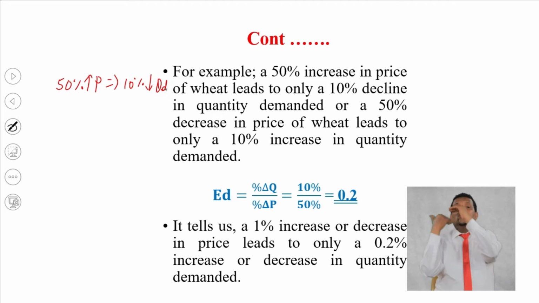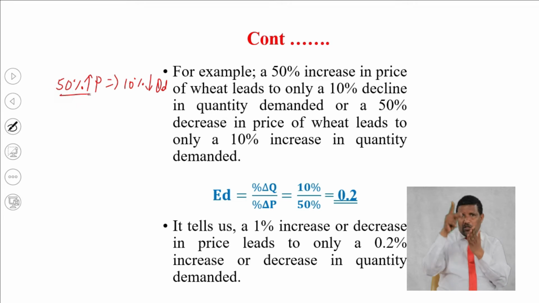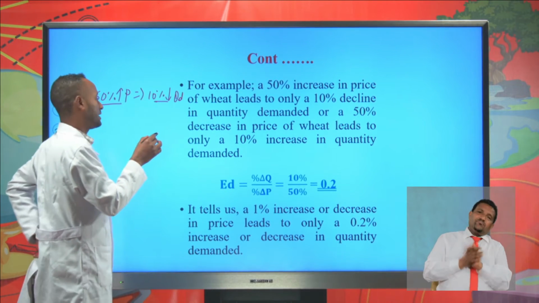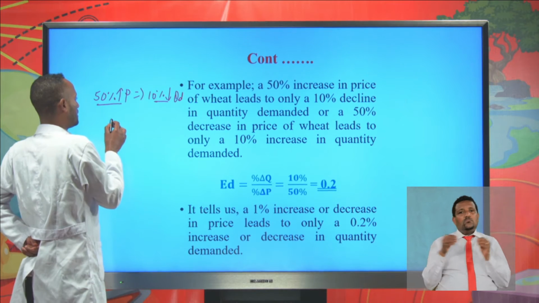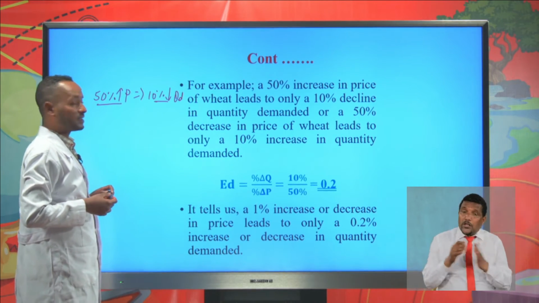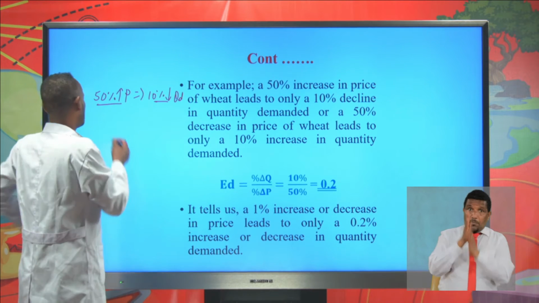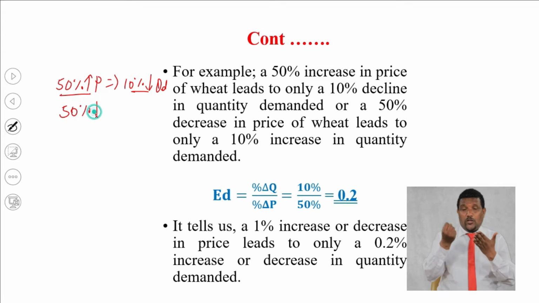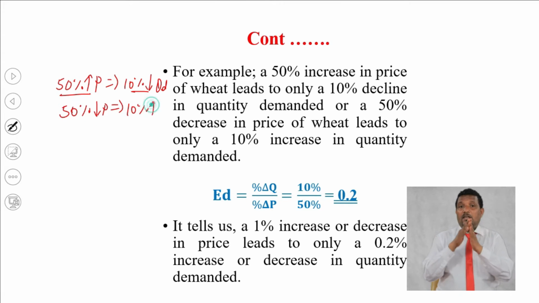That means the increment in price is too large, but the decrement in quantity demanded is too small. The buyer is careless to changes in price, and the buyer is said to be inelastic. Likewise, if there is a decline in price of a commodity by 50%, then the corresponding quantity demanded will increase only by 10%. In this case, the buyer is said to be inelastic.